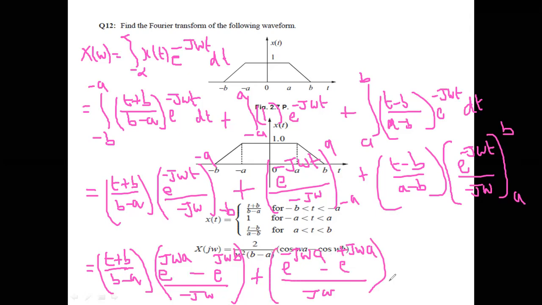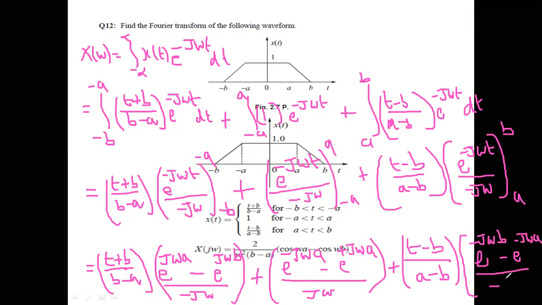Okay, my dear students, plus (t − b)/(a − b), and here also e^(−jωb) minus e^(−jωa), whole divided by −jω.